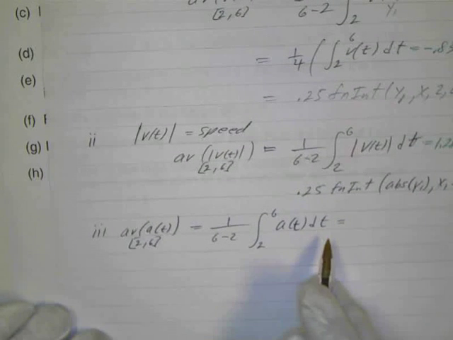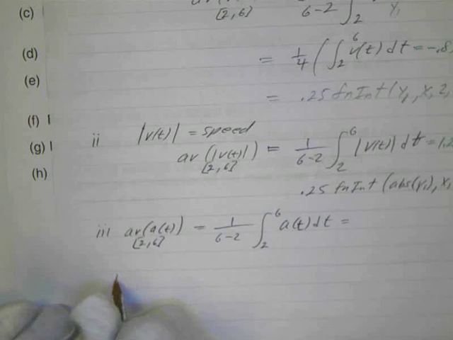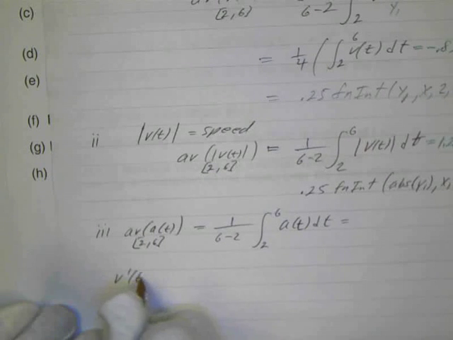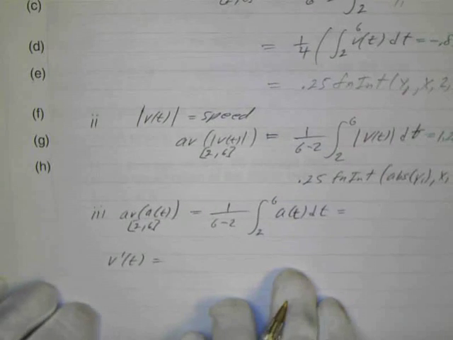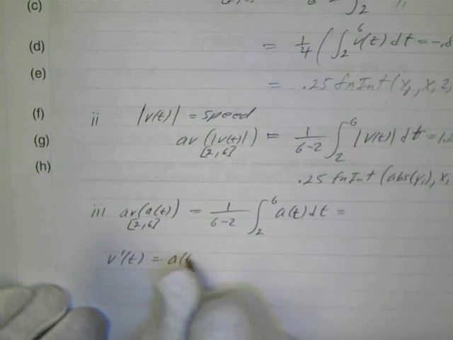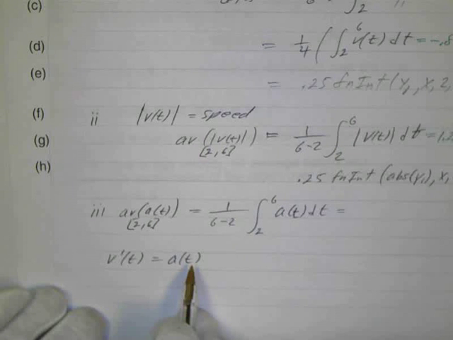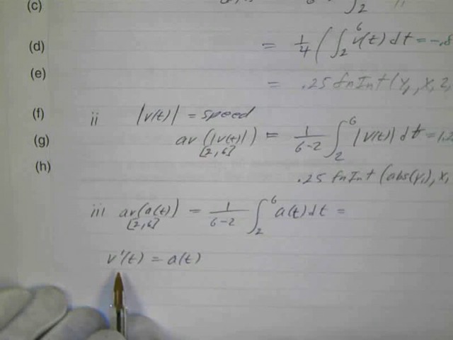Now remember, the derivative of the velocity is the acceleration. I hope you can see that. So therefore, the antiderivative of the acceleration is the velocity.